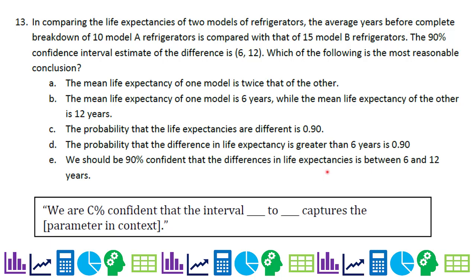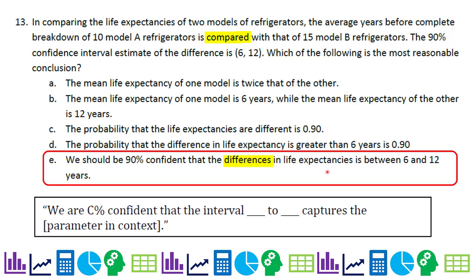We are 90% confident that the interval blank to blank captures the parameter in context. So first of all, what are we doing? We're comparing, right? So we're looking at differences. We're not looking at the expectancy of each fridge or averaging them together. So E matches our boilerplate, and it's looking at the right thing.